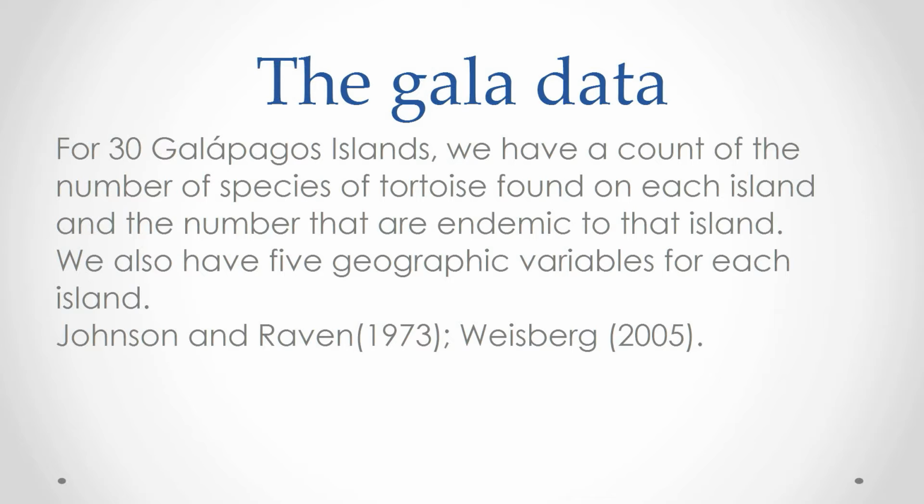Along with information on the number of species of tortoise, we also have 5 covariates, which are 5 geographic features of each island. For more information on this dataset, you are referred to Johnson and Raven, 1973, and Weisberg, 2005.